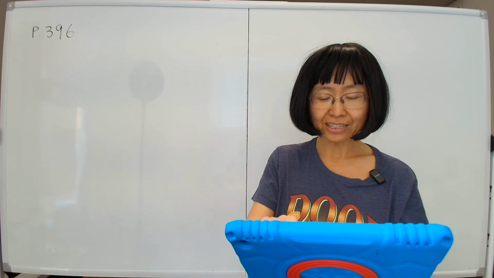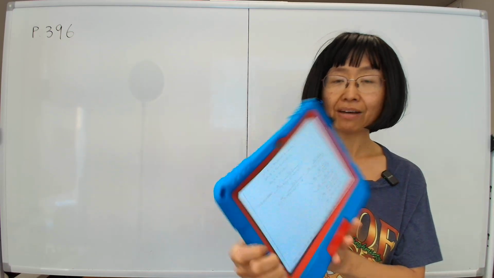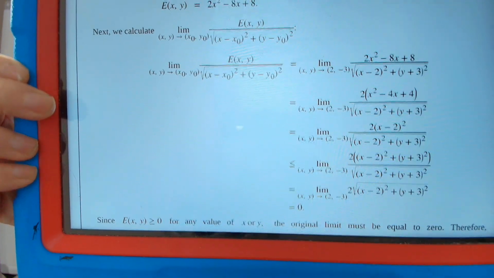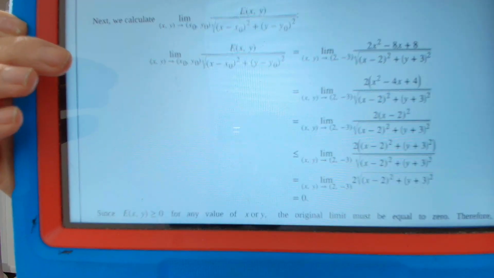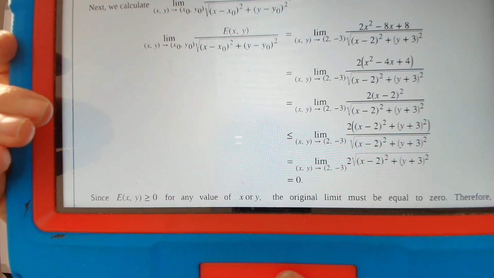Eventually, you're going to be calculating this, and you have to prove that this thing goes to 0. That is not that easy. However, your book showed a very neat trick of how to do that.